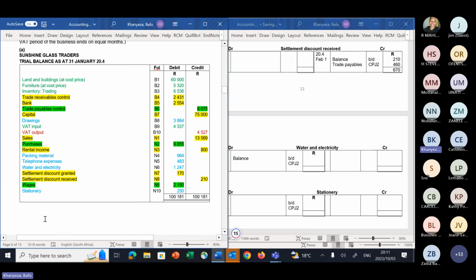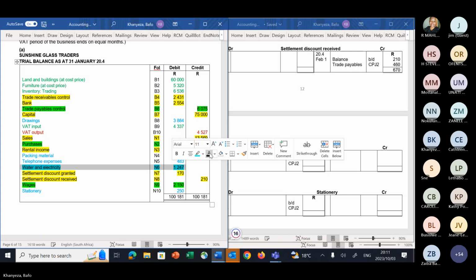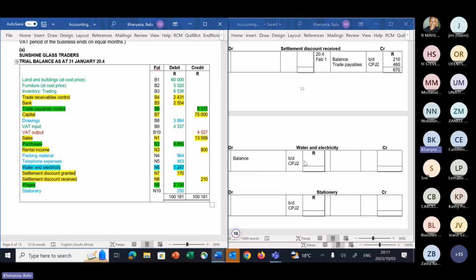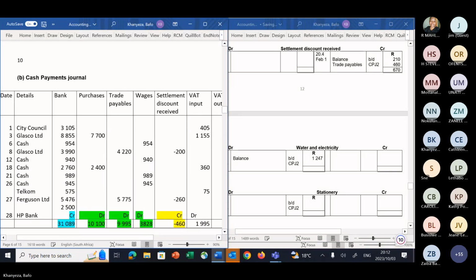Water and electricity, here it is. It's 1247, it's an expense. 1247. So we go to the cash payment journal.